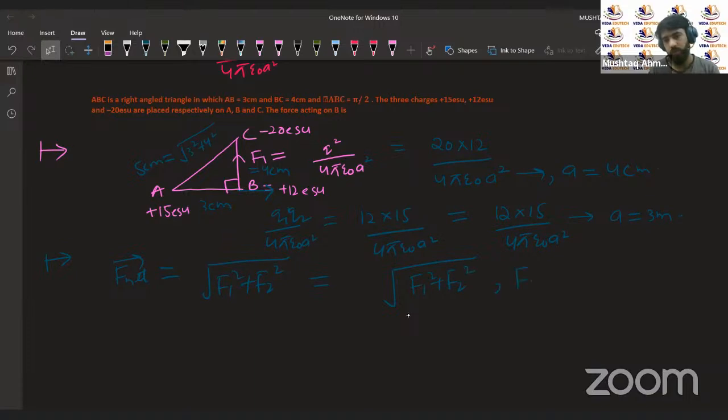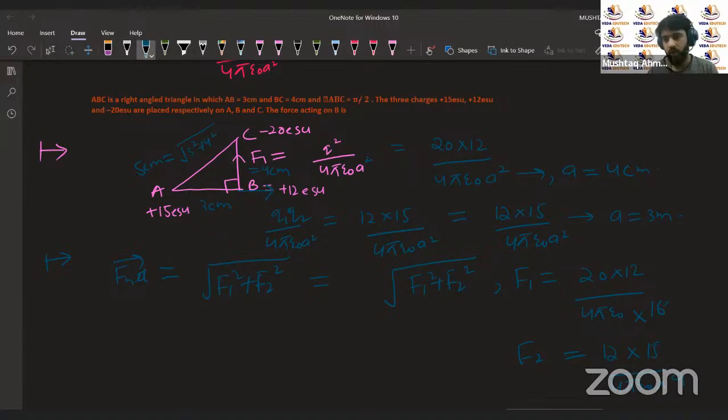From here we can substitute the value of F1, that's 20 into 12 upon 4 pi epsilon naught into A square, that's 16, and F2 equal to, in the second case the second charge is 15, not 12, that's 12 into 15 upon 4 pi epsilon naught into 9, that's 3 square.